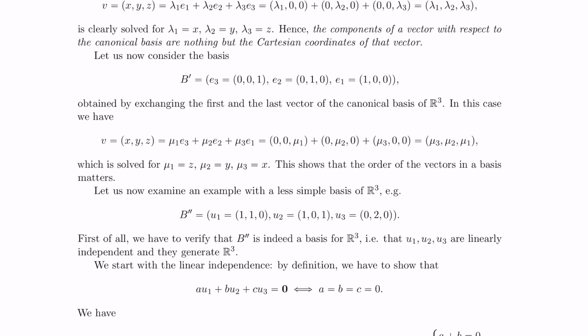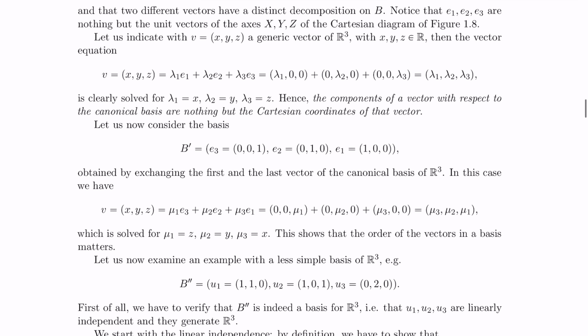In this case, if we want to find the components of the generic vector v of R3 with respect to this novel basis, we have to write this linear combination, and we find this expression here. If you compare the novel expression with the former one, you see that these expressions don't agree because we have exchanged the vector e1 with the vector e3.